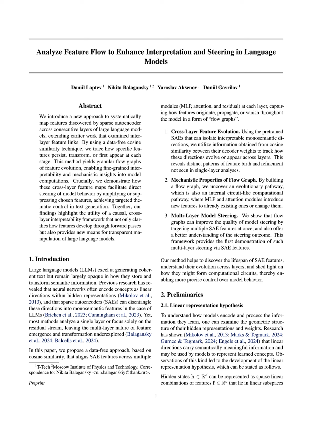Firstly, it captures the evolution of features across multiple layers, revealing distinct patterns of feature birth and refinement that single-layer analyses overlook. This allows for a deeper understanding of how features interact and transform within the model, facilitating the identification of computational circuits where MLP and attention modules modify features.